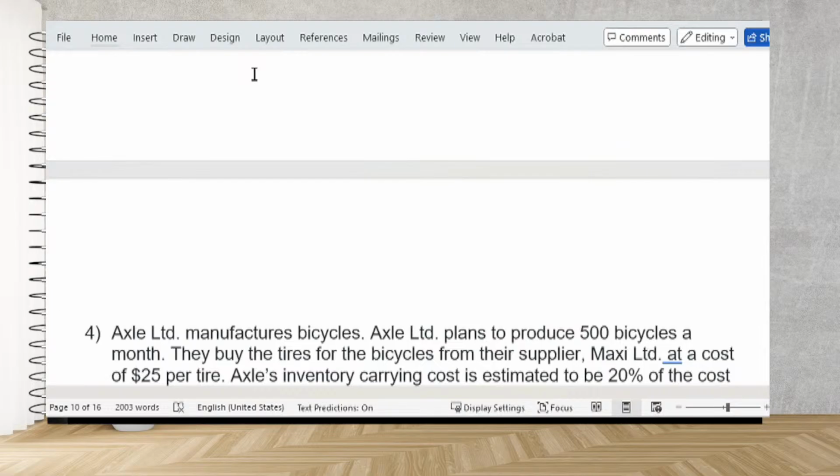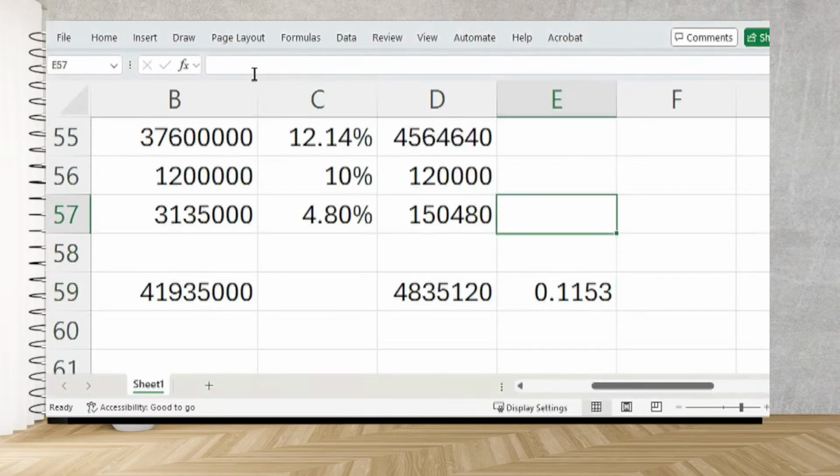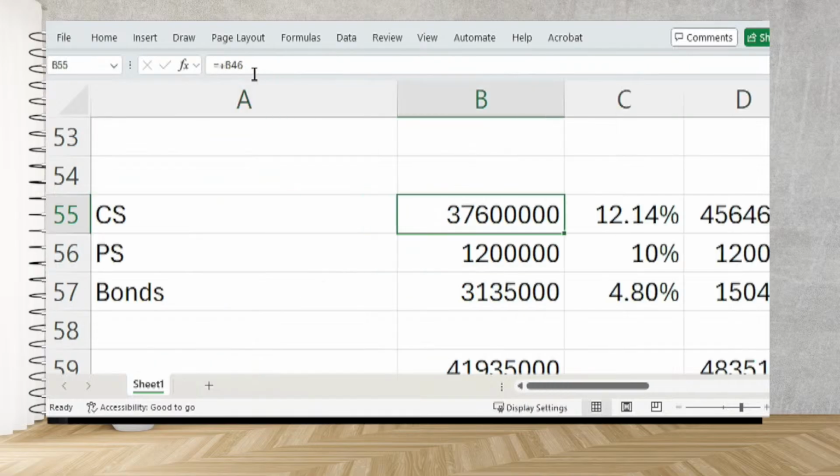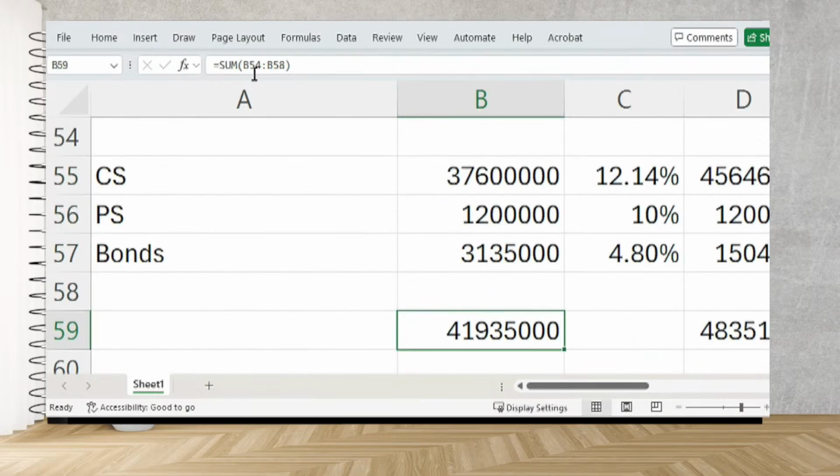I had some calculation. Yeah. In my calculation, it came to 11.2%. Okay. So we can check from here. So what is your common stock? I mean, you consider this number, the market value, common stock, preferred stock, or bond. Yes, sir.